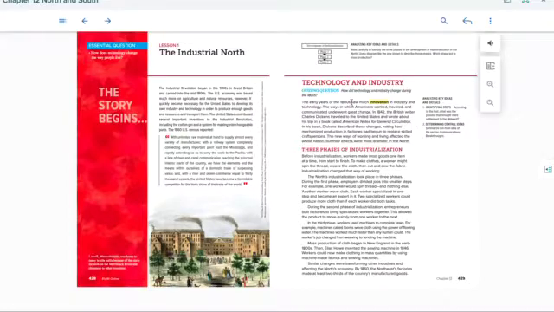Okay, so let's take a look at the heading, technology and industry, and guiding question, how did technology and industry change during the 1800s? The early years of the 1800s saw much innovation in industry and technology. The ways in which Americans worked, traveled, and communicated underwent great change. In 1842, the British writer Charles Dickens traveled to the United States and wrote about his trip in a book called American Notes for General Circulation.